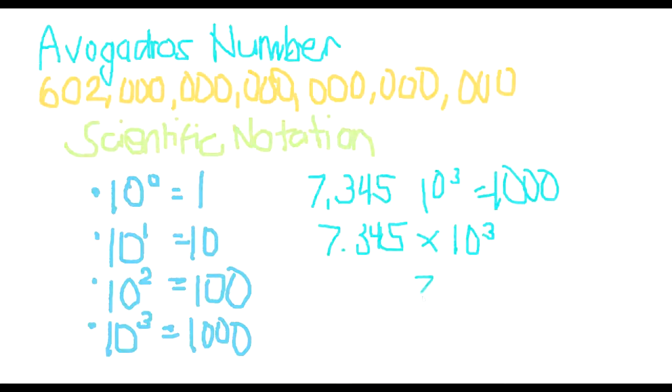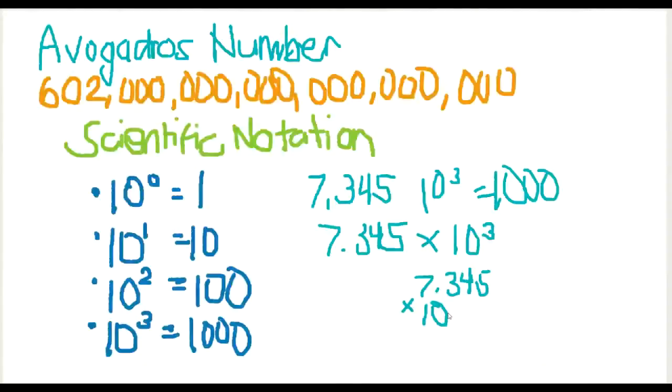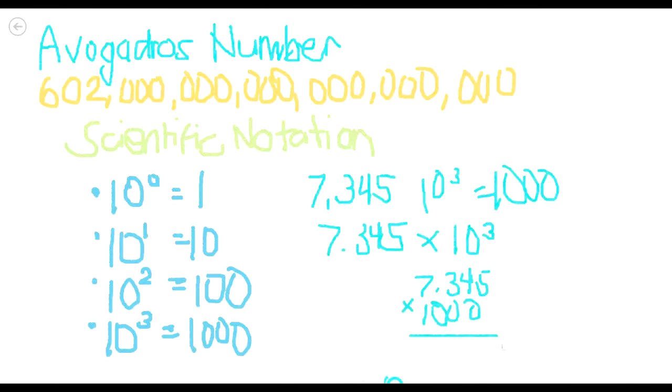Let's multiply it out just to make it clear. 7.345 times 1,000: the way we do it is to ignore the decimal point, so let's write 7, 3, 4, 5. Then add the 3 zeros, 1 through 3. You see the 3 decimal places, that's counted. So 7.345 times 1,000 is indeed equal to 7,345.